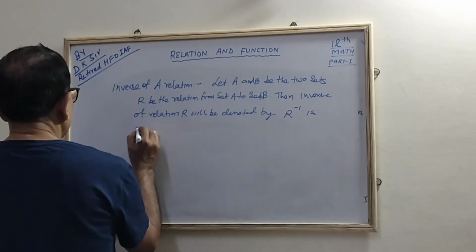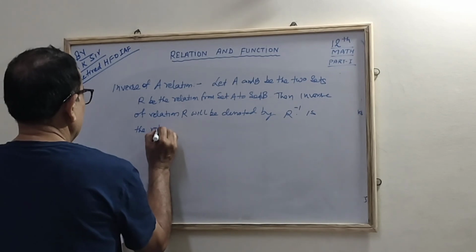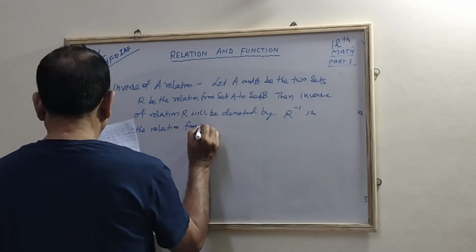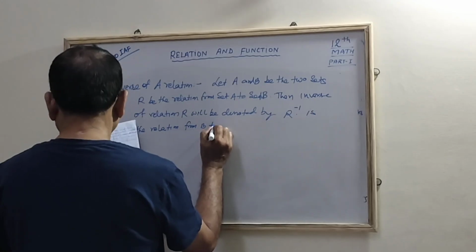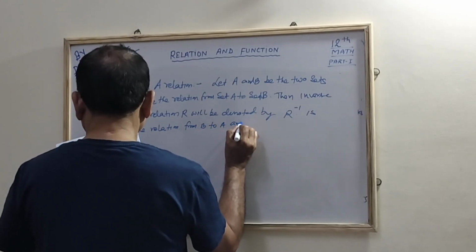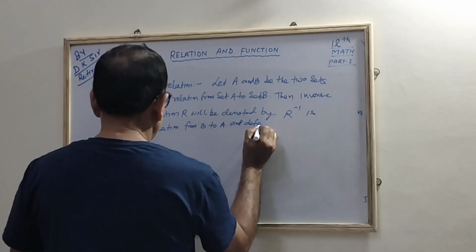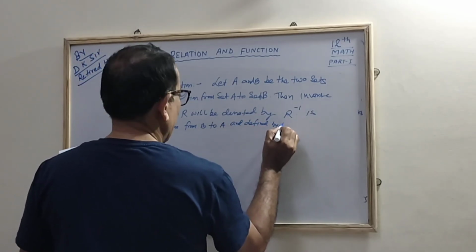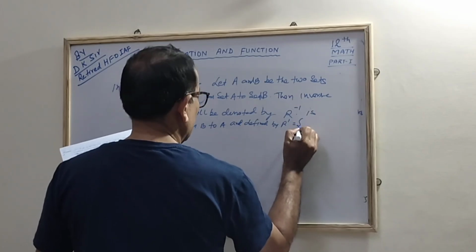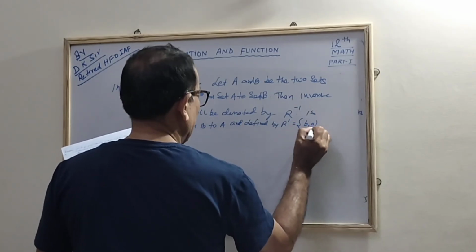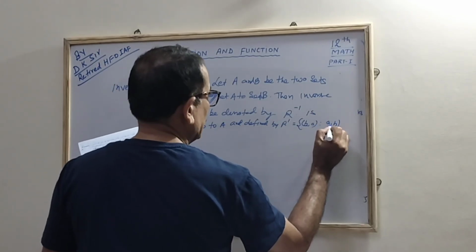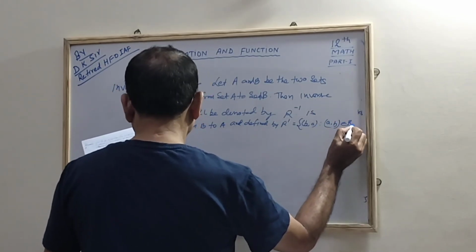It is the relation from B to A, defined by R inverse is equal to the set of pairs (b, a) such that (a, b) are elements of R. Correct?